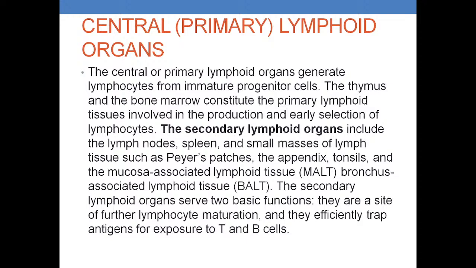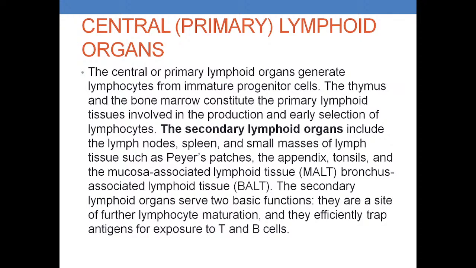The central or primary lymphoid organs generate lymphocytes from immune progenitor cells. The thymus and the bone marrow constitute the primary lymphoid tissue involved in the production and early selection of lymphocytes.